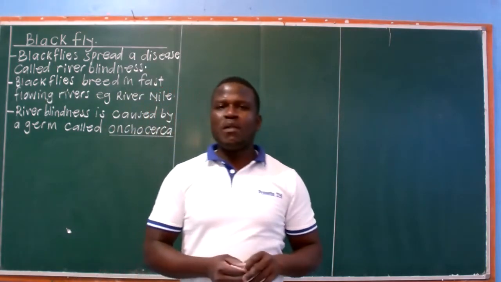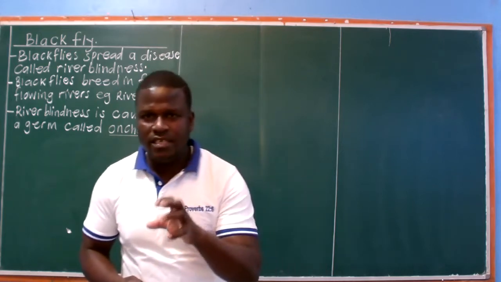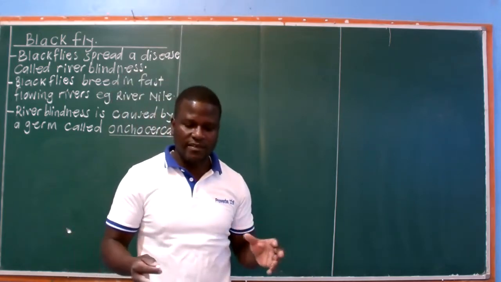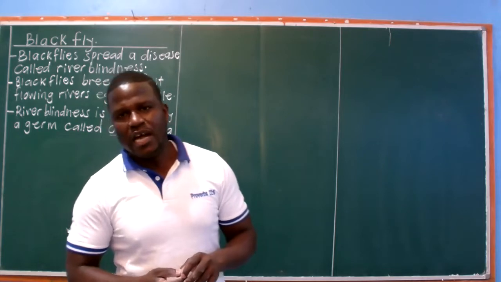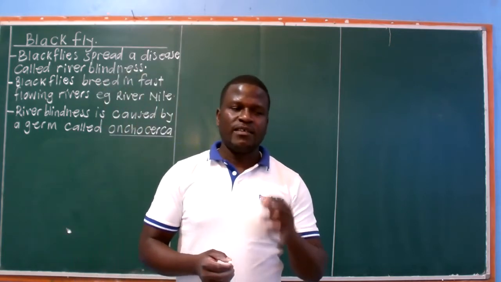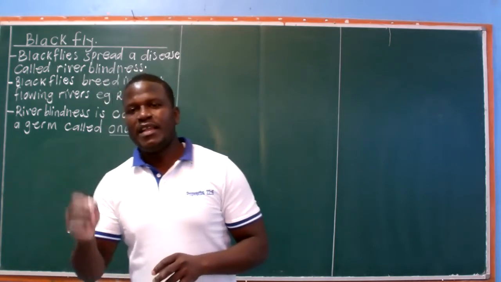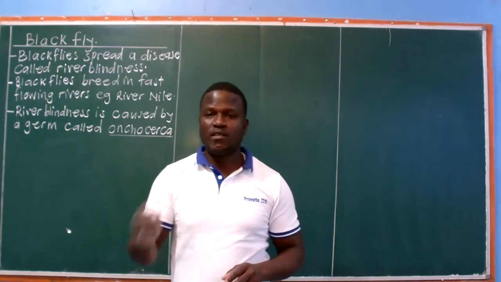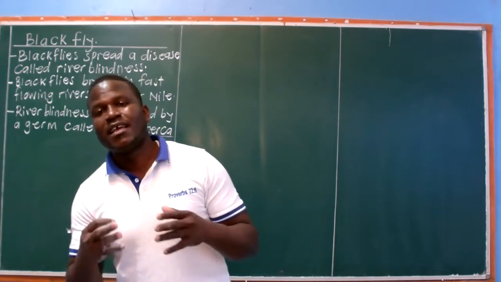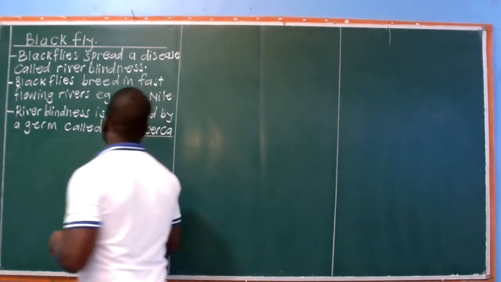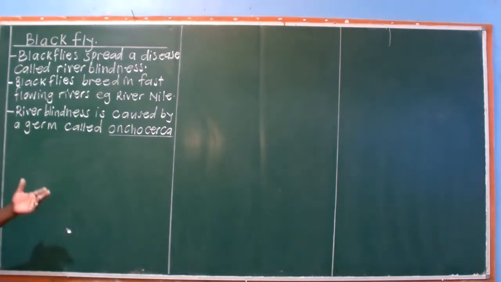And these black flies, they breed along fast-flowing rivers. When we say they breed along fast-flowing rivers, it simply means that they lay eggs in fast-flowing rivers. I've given an example like River Nile. So most of the black flies breed in fast-flowing rivers like River Nile.